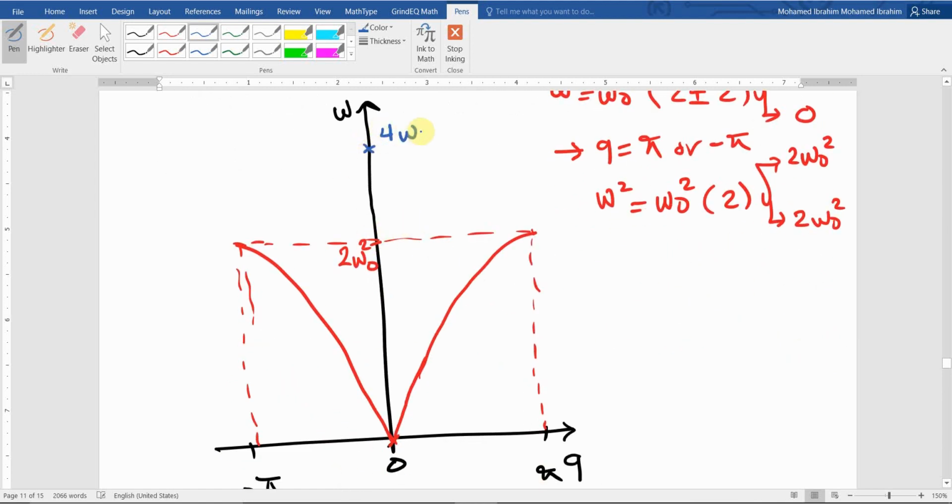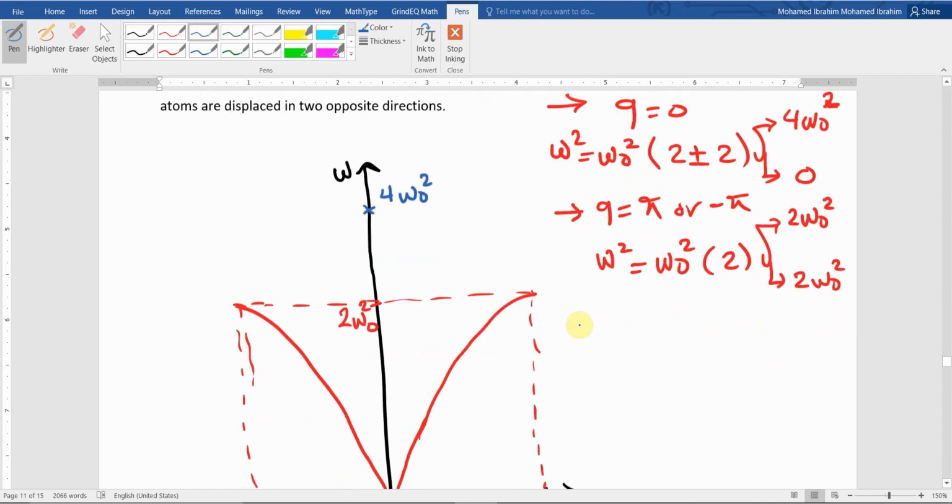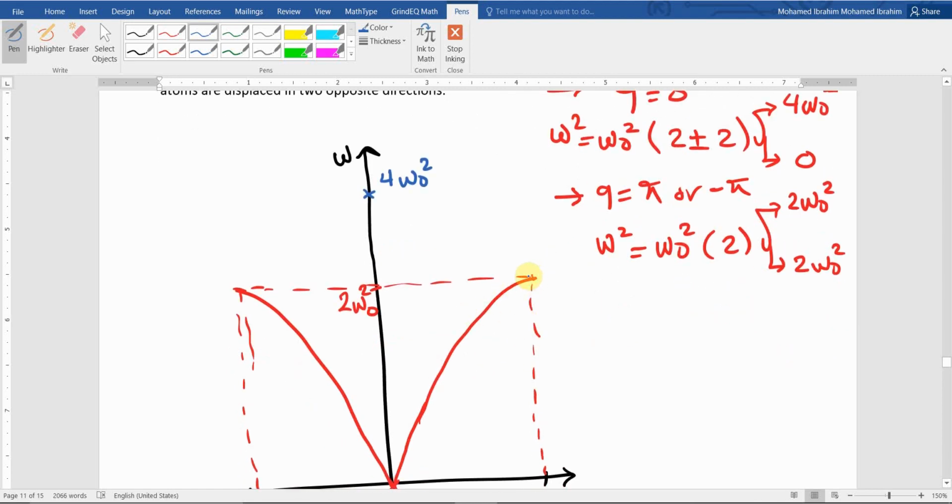Then at Q equals pi and negative pi, it should coincide with the 2 omega 0 square of the first mode. So we're going to end up with another curve which looks like this. And these 2 points should be considered the same.